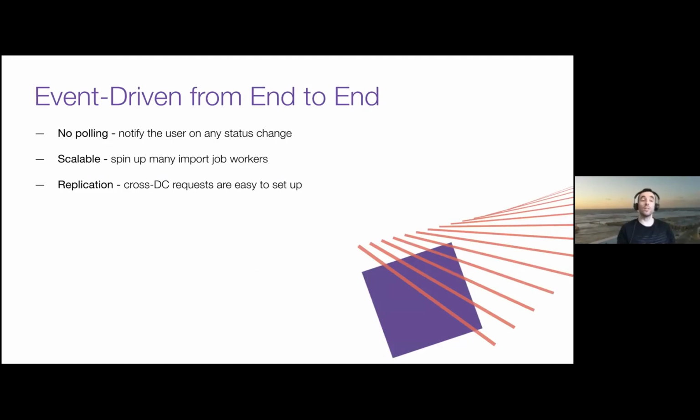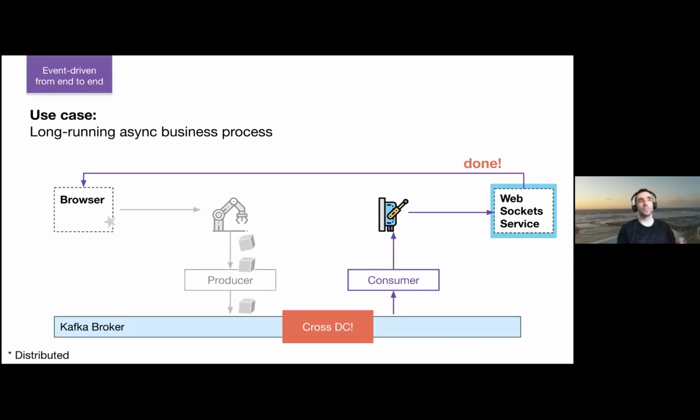So you can see here that no polling is required. We don't need to keep some status in a database and have the browser keep asking what's going on, is it finished yet, and keep updating the database and making sure that we have locking or optimistic locking, stuff like that.